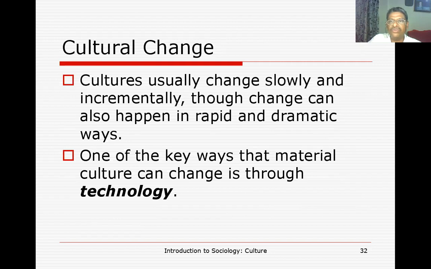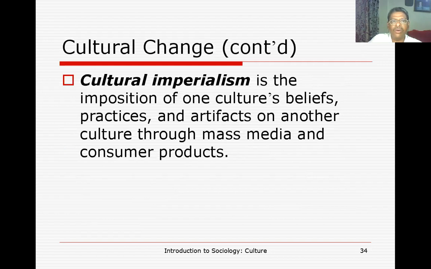We have dress, eating, talking, respecting, family life, whatnot, everything. The technology is controlling our culture. So we stop here today. And then tomorrow we pick up from here, cultural imperialism. We continue from here. Today, let me stop here.